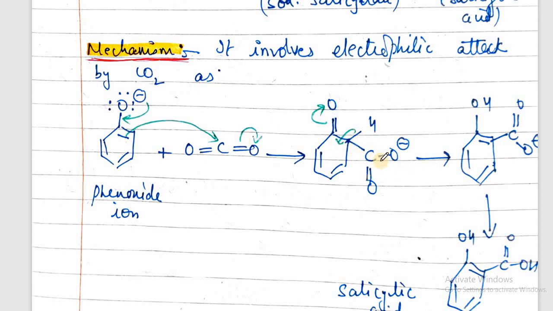After this, this electron is released to the ring. This moves to this, and this moves to oxygen.